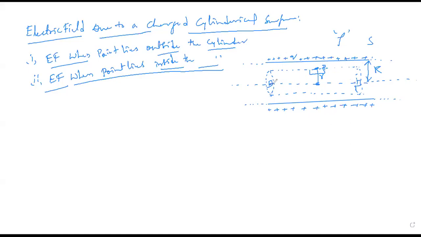Either this side, or this side, or upward? It is perpendicular to the cylinder, so we can't draw it in the plane. It comes out of the screen, which we show like this. So the electric lines of force at this point are perpendicular. Now, what about the small area element dS? In which direction will dS be? Come on, guys, please tell me.